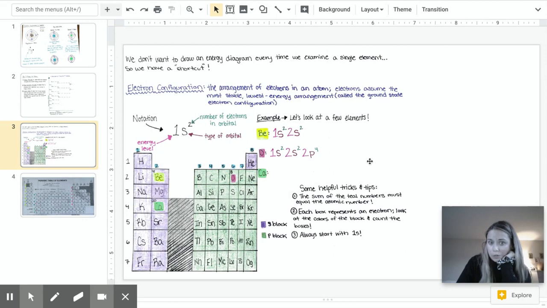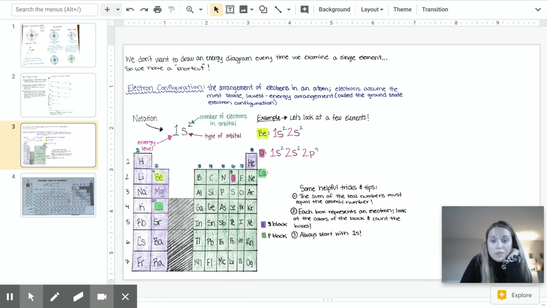So let's look at a few. We have beryllium, oxygen, and then calcium. Beryllium has 4 protons, which means it has 4 electrons because we're assuming that these are neutral. This one right here represents the energy level.